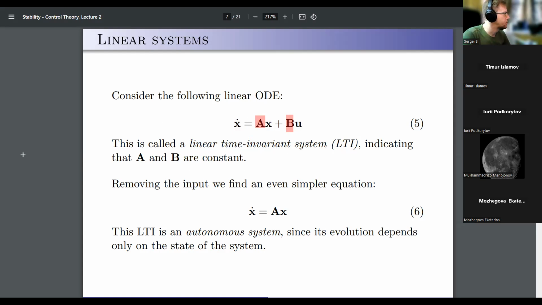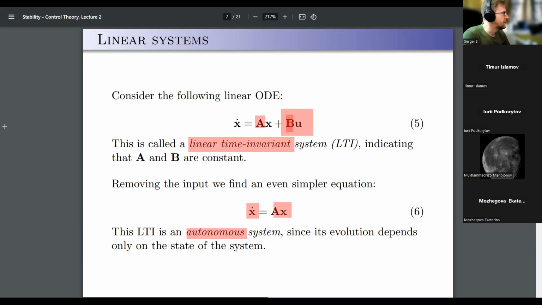Now, if we remove the input, so we get rid of this part, Bu, we get an even simpler system, x dot equals Ax. On top of still being LTI, linear time invariant, it is also autonomous. Autonomous means it does not depend on anything except the state.